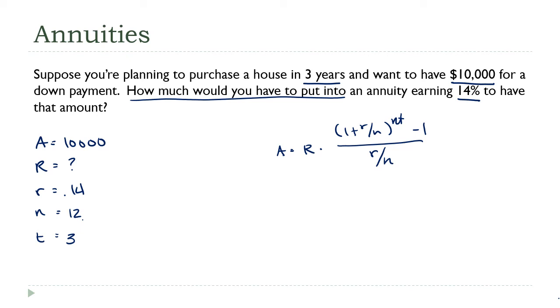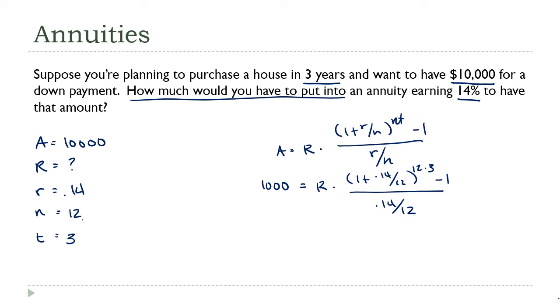So let's jump over here. 10,000 equals R times 1 plus 0.14 divided by 12, to the 12 times 3, minus 1, over 0.14 divided by 12. Now I know this is looking really nasty, but look, it's not that bad.